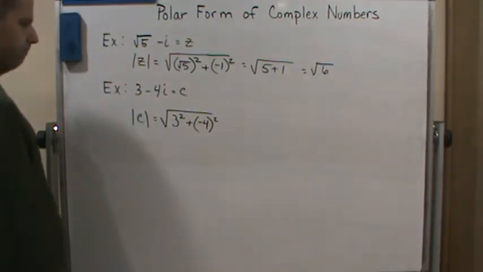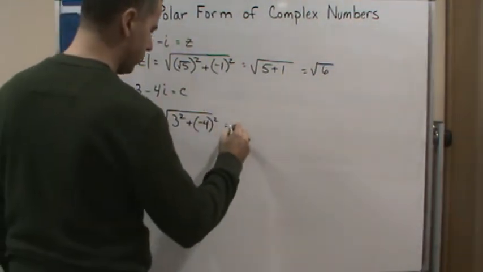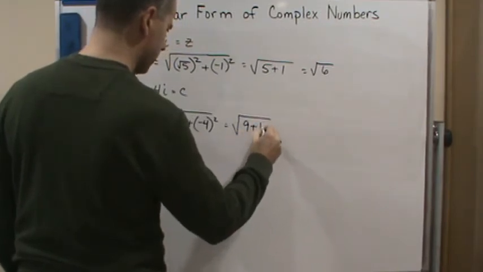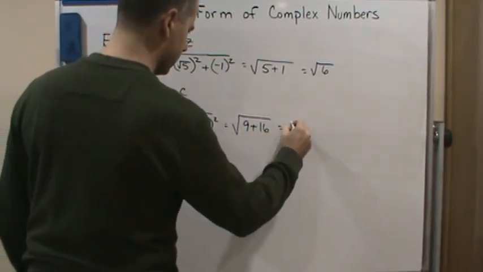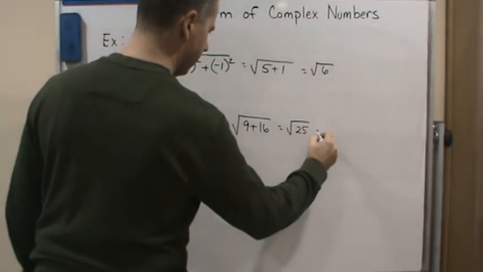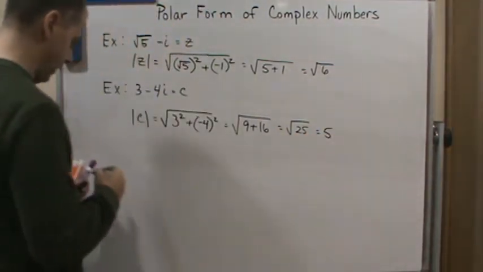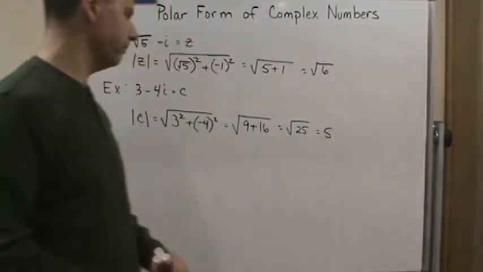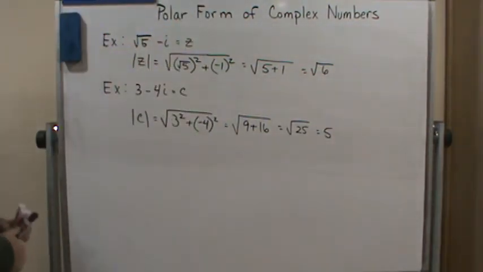And so this is going to give us the square root of 9 plus 16, which gives us the square root of 25, which gives us a value of 5. So in this case, it gives us a whole number, an integer. And so those are the answers, right? So that's how you find the magnitude or the absolute value of a complex number.